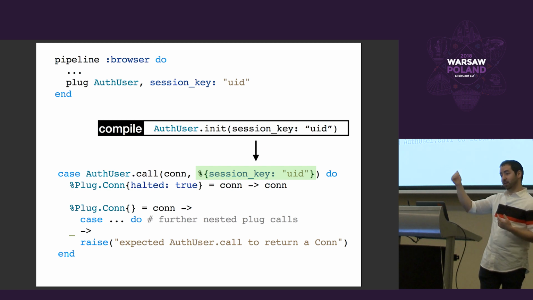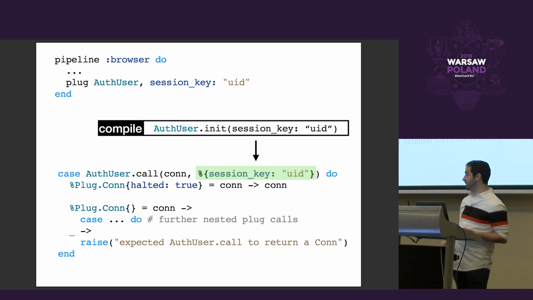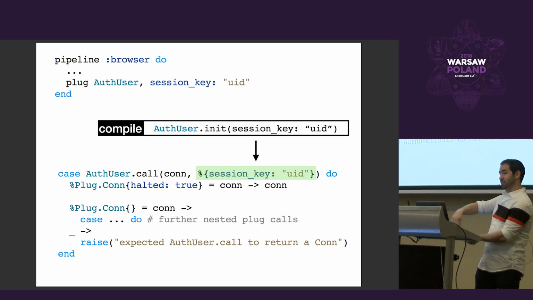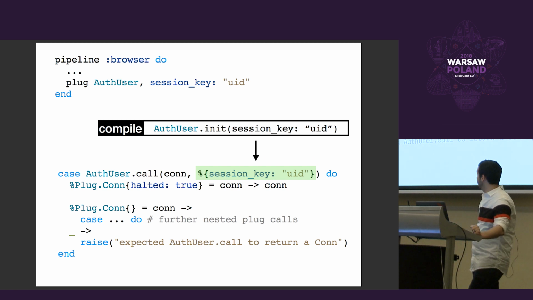So when you call a bunch of plugs, all that happens is it just does case plug.call with the options that were computed, and if it was halted, it just returns a connection because the plug pipeline was halted. Otherwise, it continues, does another case into the next plug, and literally it's a bunch of seemingly infinite nested case statements that we would not want to write by hand.